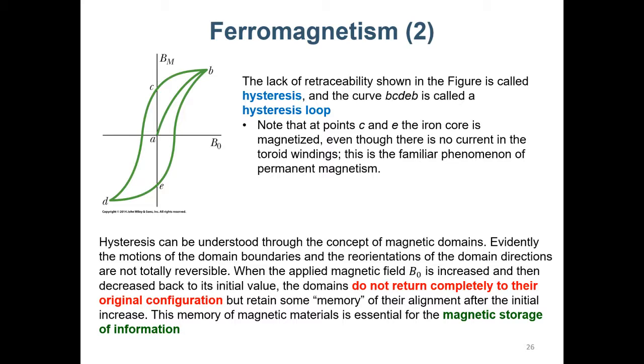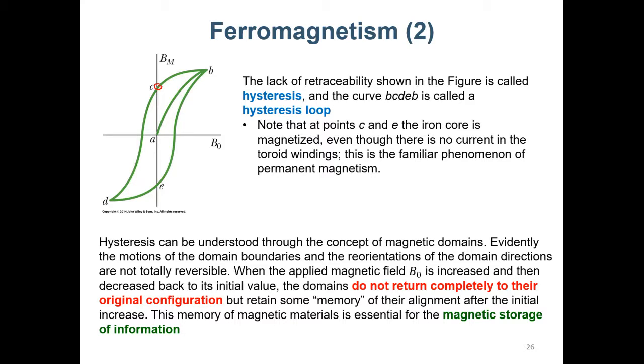If you apply an external magnetic field and increase it, the material will also generate a B field. And after you remove all the external magnetic field, it will still have some magnetic dipole moment there.